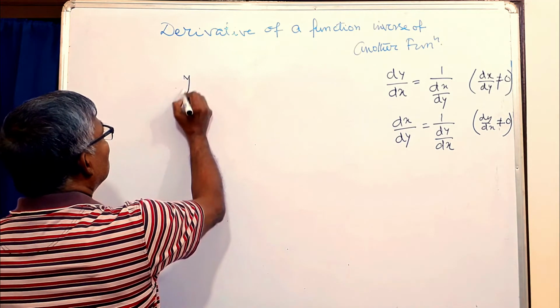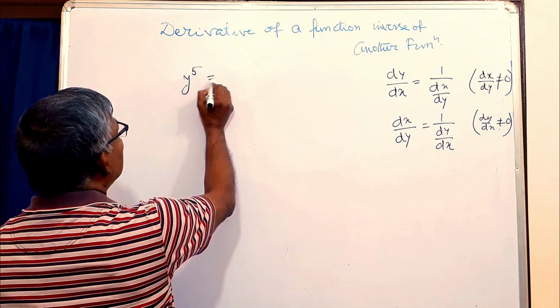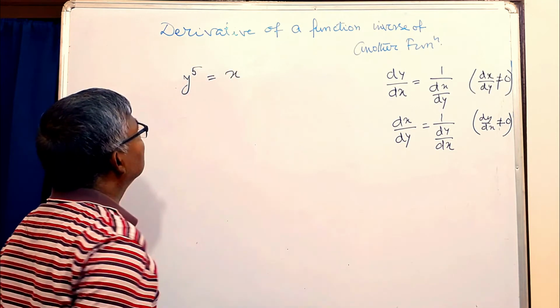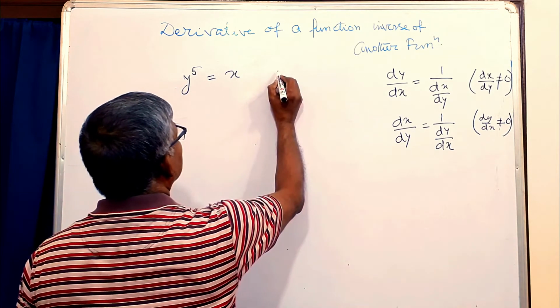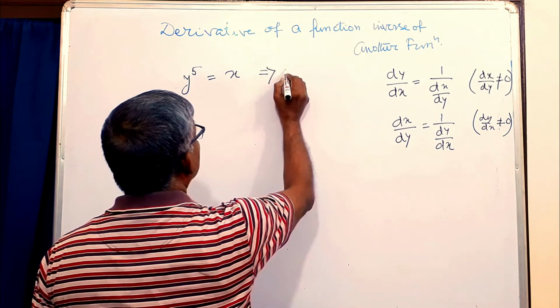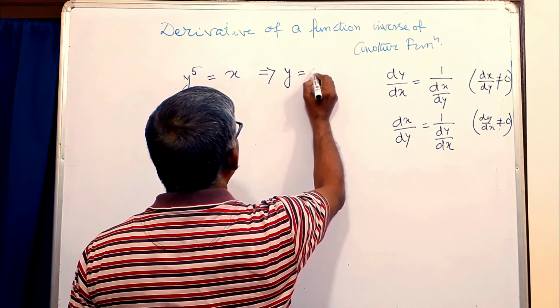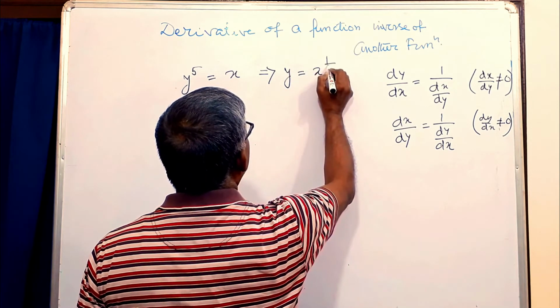Suppose y to the power 5 equals x. So we can write y equals x to the power 1 by 5.